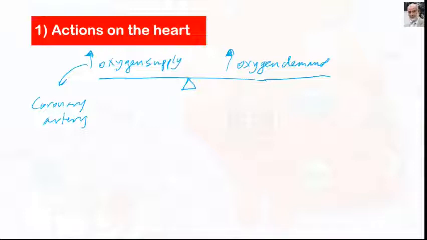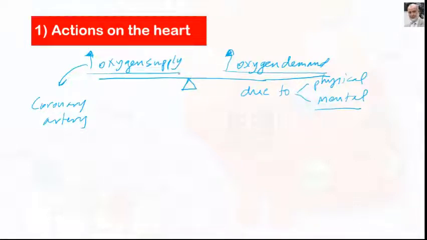Whenever the oxygen demand increases due to whatever reason, due to, for example, physical exercise or mental activity like stress or depression or whatever. In this case, oxygen demand will increase. Oxygen demand increase should be met with an equal increase in oxygen supply through the coronary circulation. واضح?